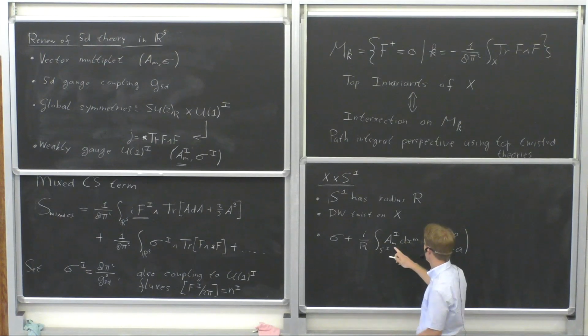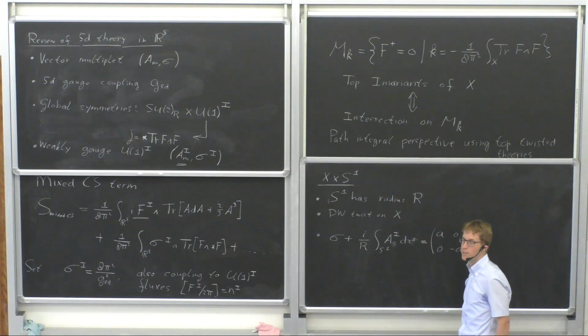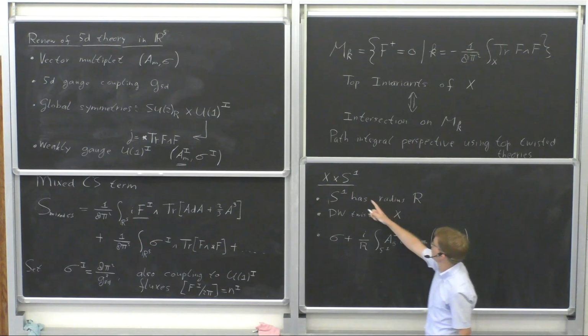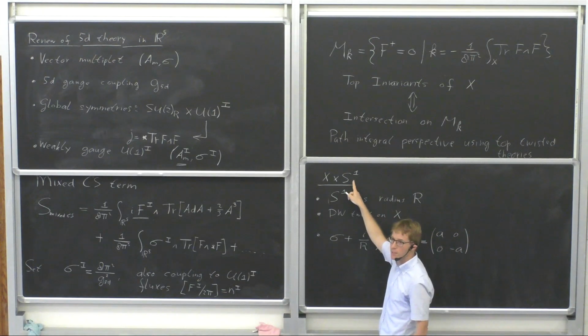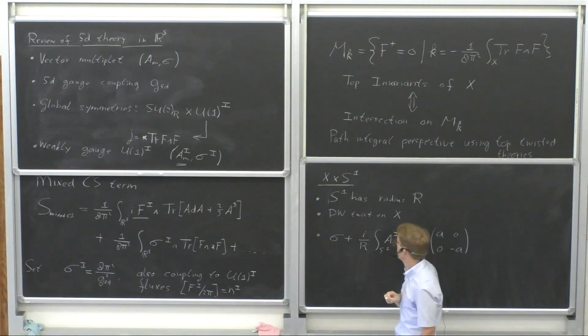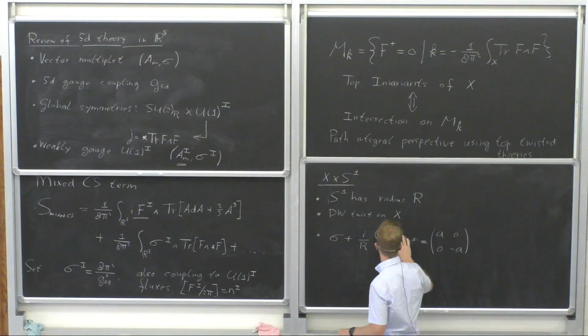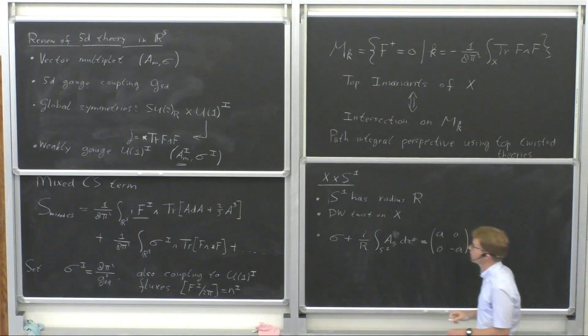You can choose a basis where this is just A5, the component along the S1. Oh sorry, no, there's no i here. Sorry.